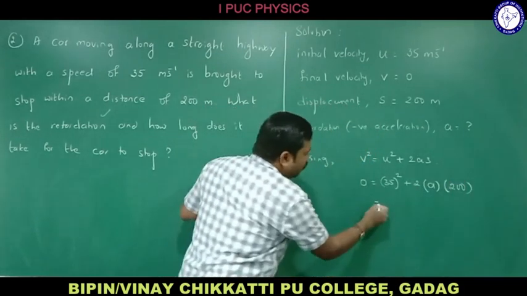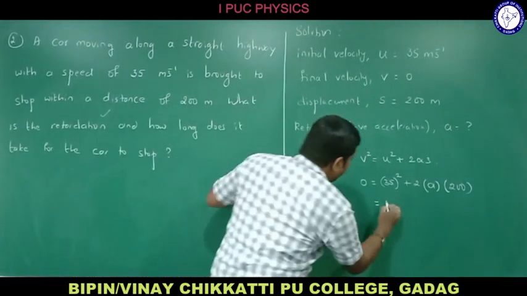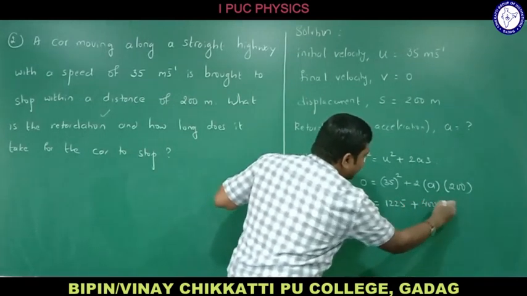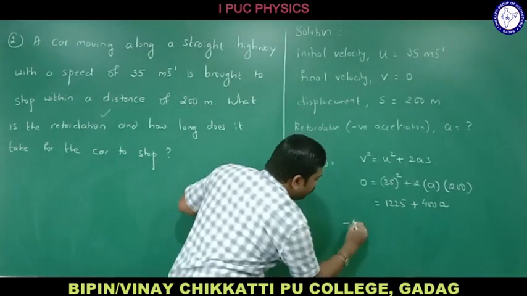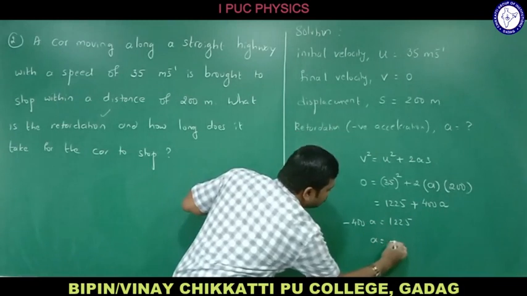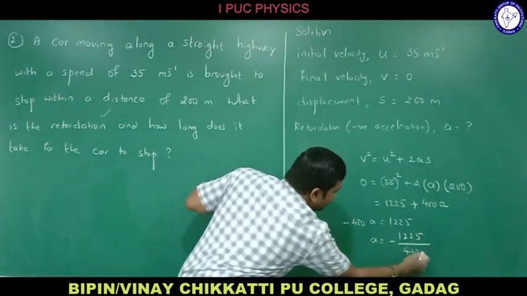So let us check. How much is 35 square? 1225. So 0 equals 1225 plus 400a. If you bring this 400a this side, minus 400a is equal to 1225. So a is equal to minus 1225 divided by 400.